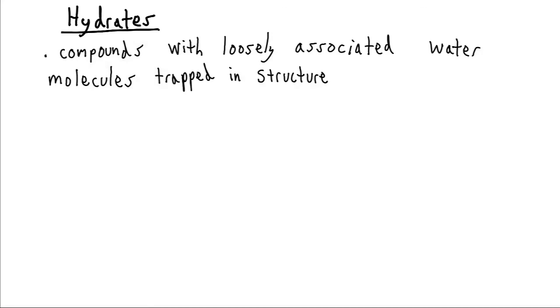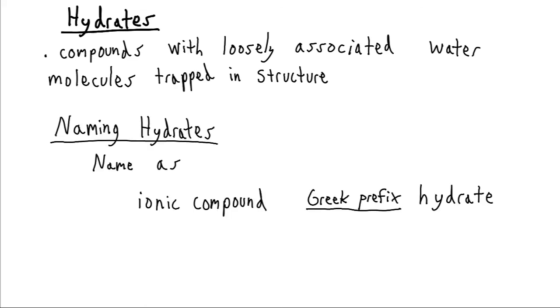The final special case we'll consider is when we have what's called a hydrate. So this is where we have an ionic compound, and it's loosely associated with some water molecules. They aren't actually bonded in the same sense that the atoms are ionically bonded to each other, but they're still part of the overall formula of the substance. So the way we name these is we go ahead and name the ionic compound, that portion of it, just the way we usually do.